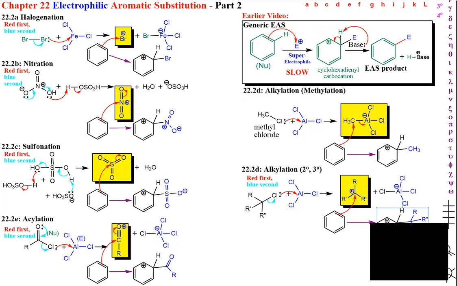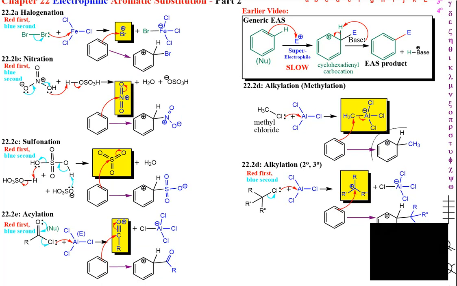So we've generated these cyclohexadienyl carbocations from our attacks, and they need to undergo re-aromatization to give our final products. That will involve using the best base available to deprotonate the H from our cyclohexadienyl carbocations that we've drawn.